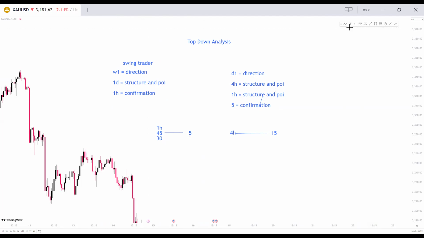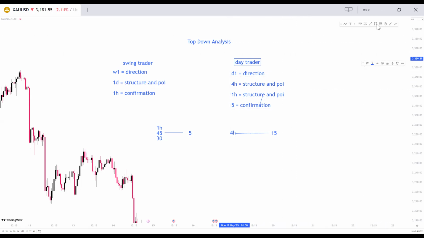Then for day trader, this is what you should use. If you use the daily time frame to check the direction of the market, you use 4 hours to mark your POI, 1 hour, mark your POI, then you use 15 minutes for confirmation for this one.